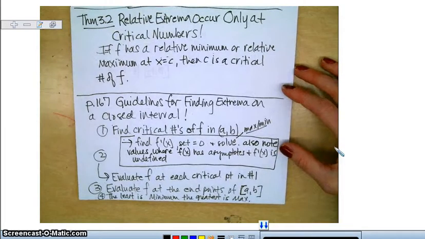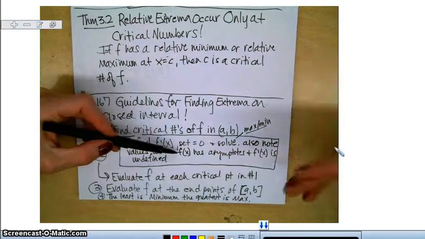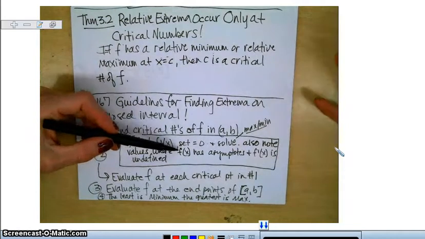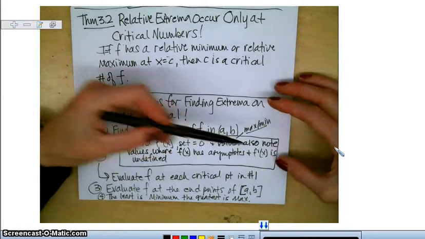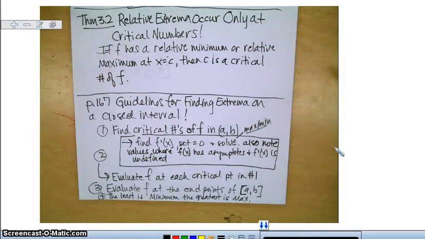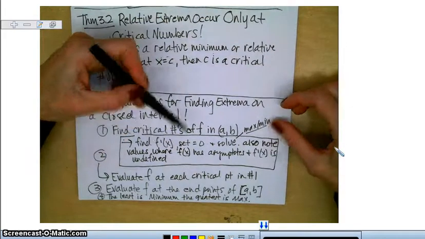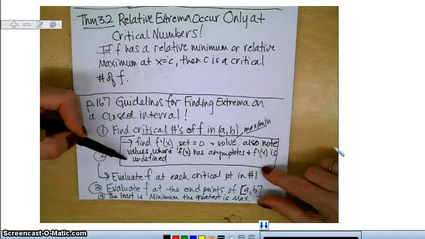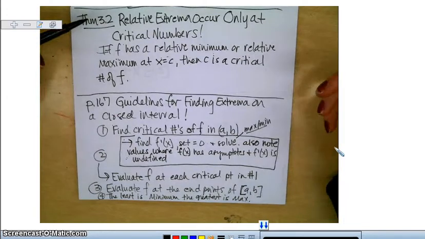Then you have to look at both your function and your derivative and say, where is my function maybe not defined, because that will be a critical number, and where's my derivative not defined, because those will be critical numbers. You don't always have both. Most of the time you're just going to be finding the derivative, setting it equal to 0, but you have to look at your function and say, where is my derivative undefined, because that is also a critical number.